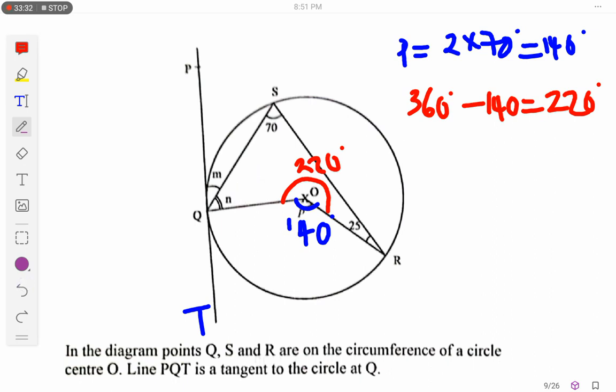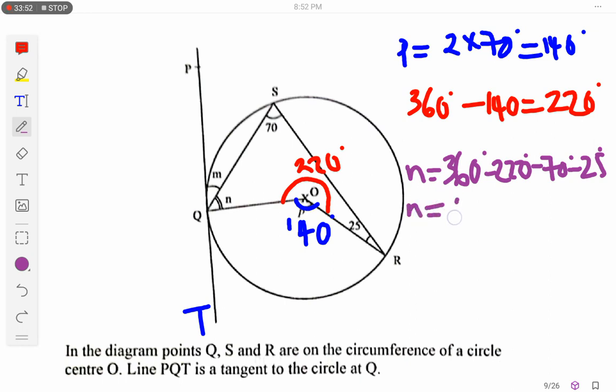I can simply say my n is equal to 360 degrees minus 220 minus 70 minus 25. That's how I can do it, because all of them added together should give me 360 degrees. So if you do that, our n value is going to be 45 degrees. So here it's 45 degrees.